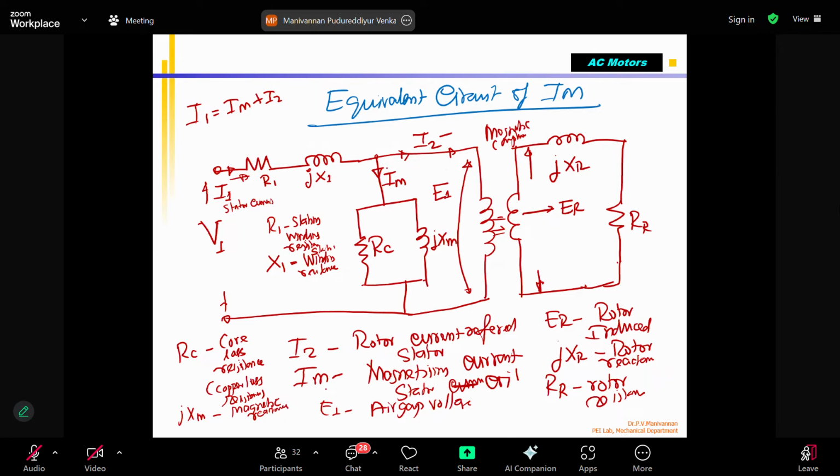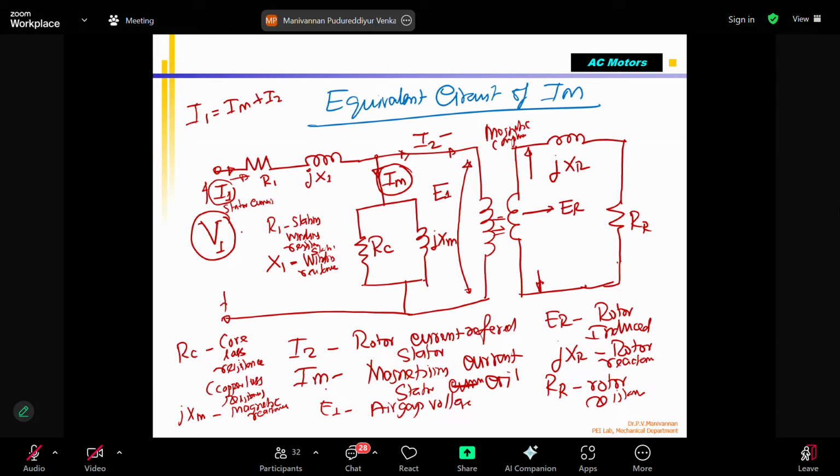You are supplying input to the stator, and because of that a current goes into the motor. This is the total current I1. Some part of this total current supplied to the stator winding is used for IM. IM is the magnetizing current, correct? This is what creates the stator magnetic field.